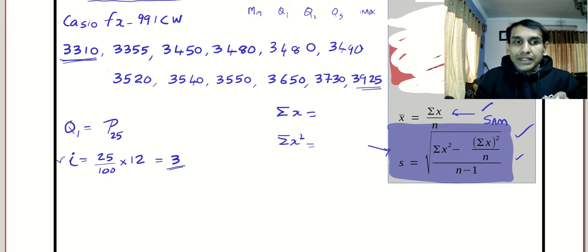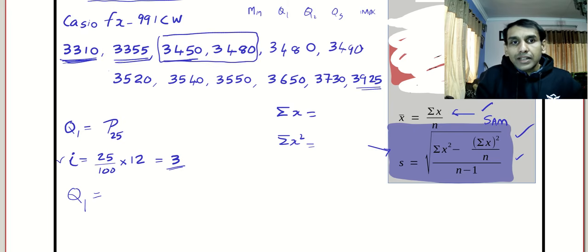When you calculate the index, you might get the answer as an integer or a decimal. If you get an integer, then the required percentile will be, quartile 1 means percentile 25, the required percentile will be 1, 2, 3. Average of the third and fourth.